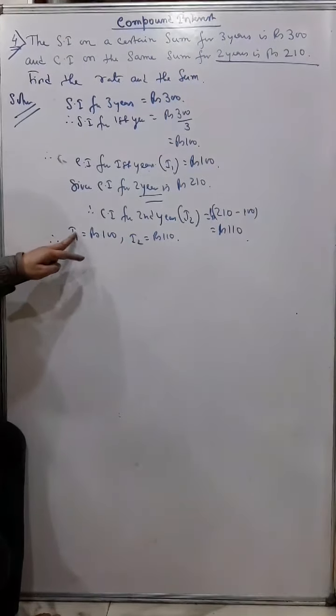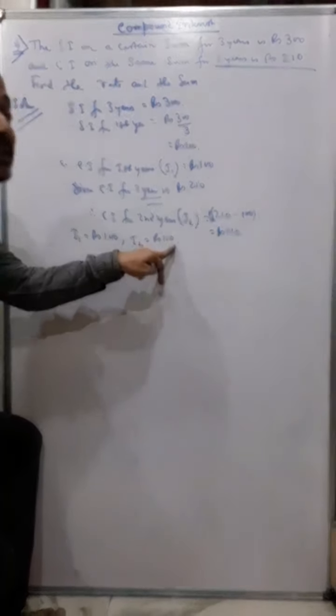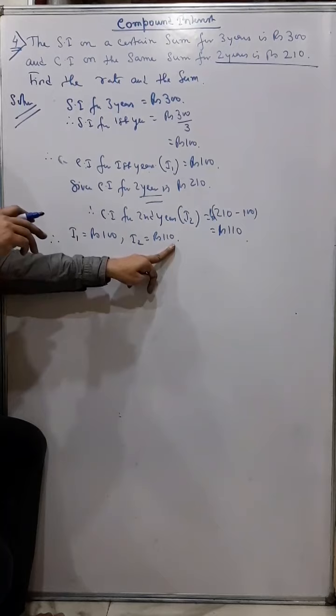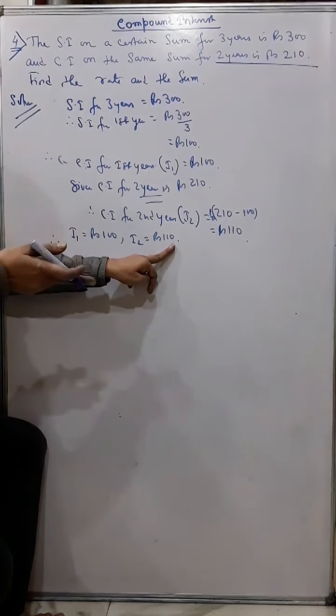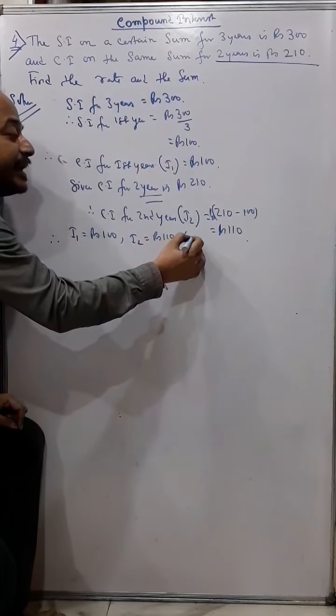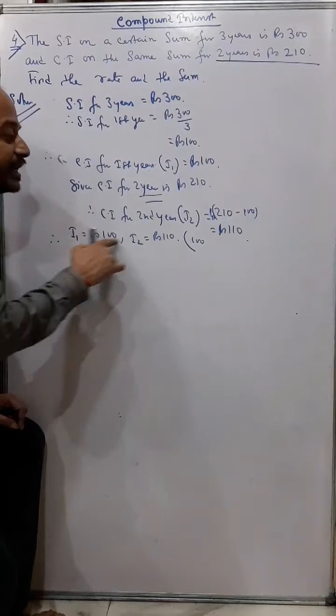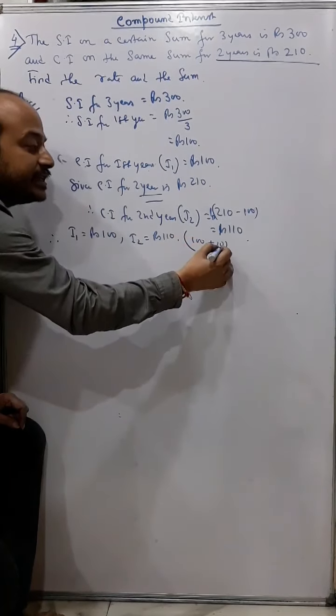Now first year interest is 100. Now second year, why the interest increased? Because compound interest, interest on interest. So second year, how much am I paying? I am paying the previous year interest 100 rupees. And that means naturally 10 rupees is added to it as an interest.